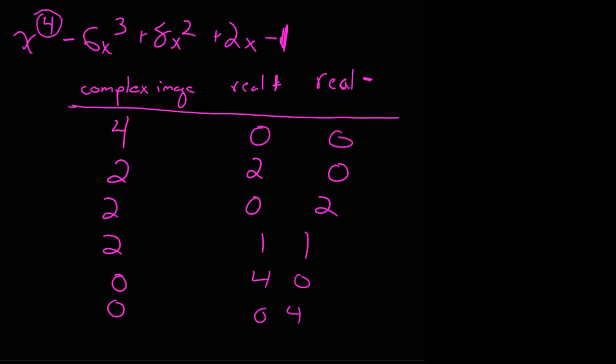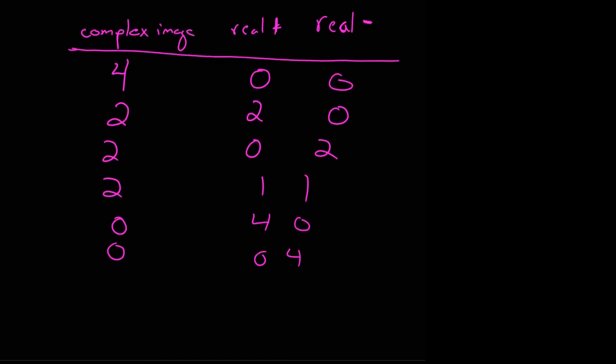I do these repetitions. Let me write the whole table because I'm going to scratch some things out soon. 0, 3, 1, 0, 1, 3, and 0, 2, 2. These are all my possible solutions of a fourth degree polynomial.